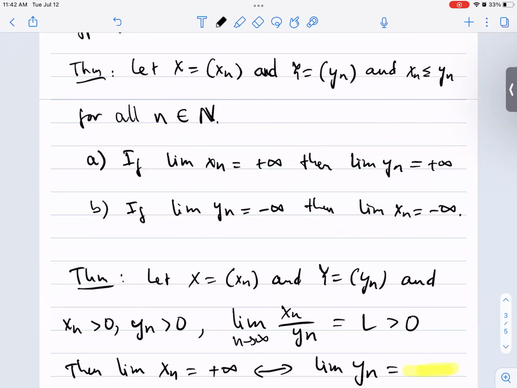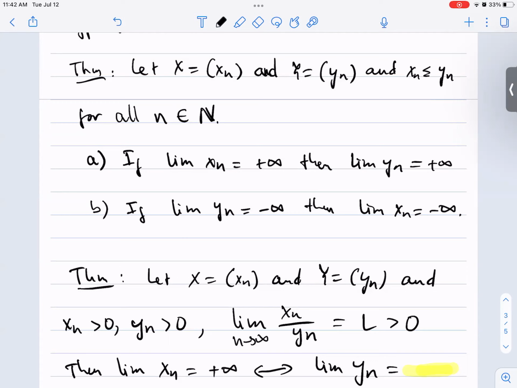Another statement is about a comparison result. Let's consider two sequences xn and yn, and furthermore assume that xn is smaller than or equal to yn for all natural integers n.